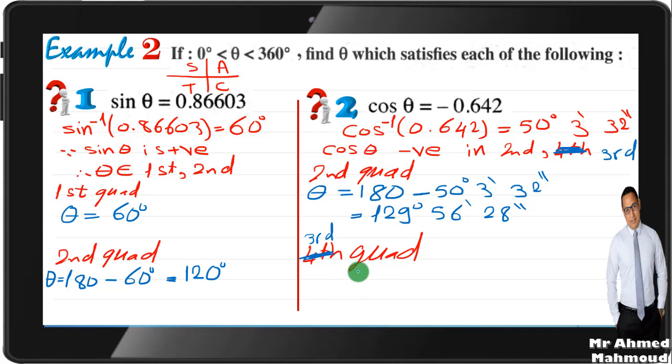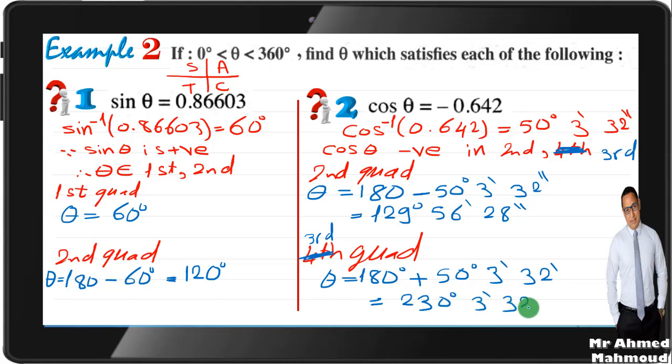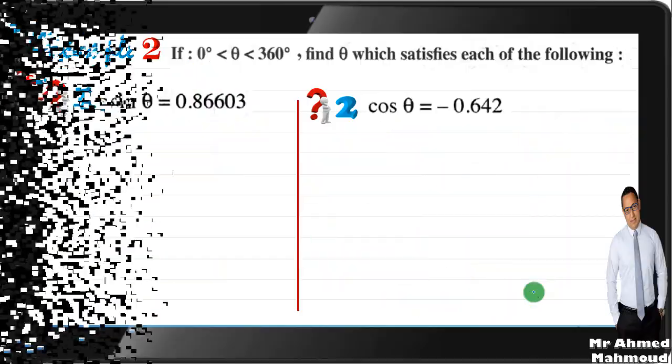In the third quad, theta equal 180 plus the given number, which is 50 degrees, 3 minutes, 32 seconds. It equals 230 degrees, 3 minutes, 32 seconds.